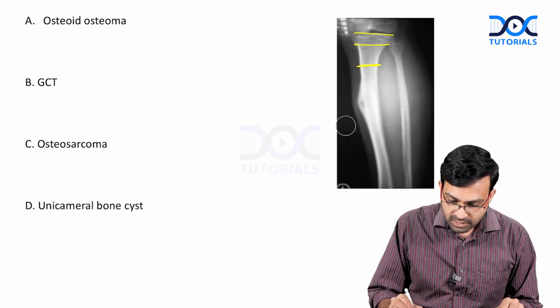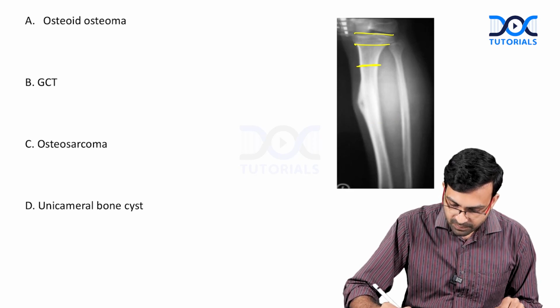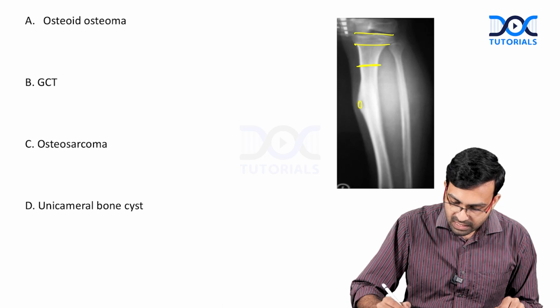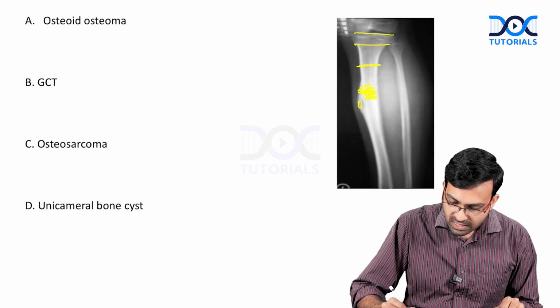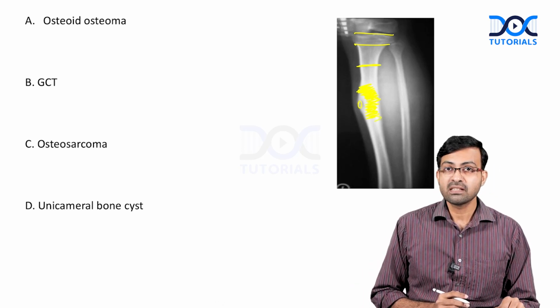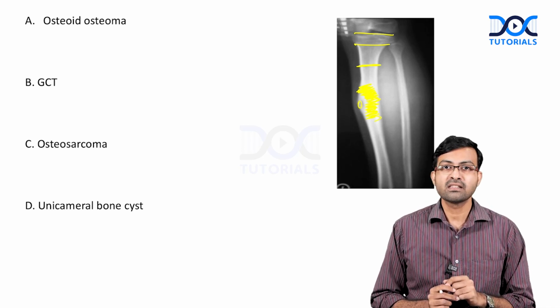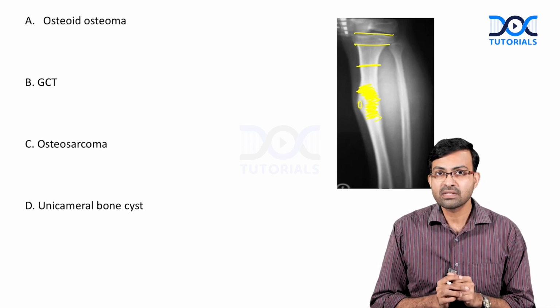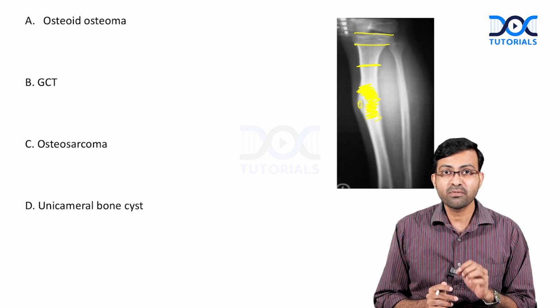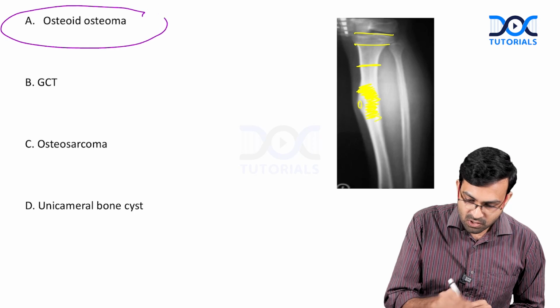And if you look closely, you will see that there is a small radiolucent area in the center, and around the radiolucent area there is intense whitish color or intense sclerosis. A central lytic lesion in the diaphysis surrounded by intense sclerosis is a classical description of osteoid osteoma. So that is our first answer here, osteoid osteoma.